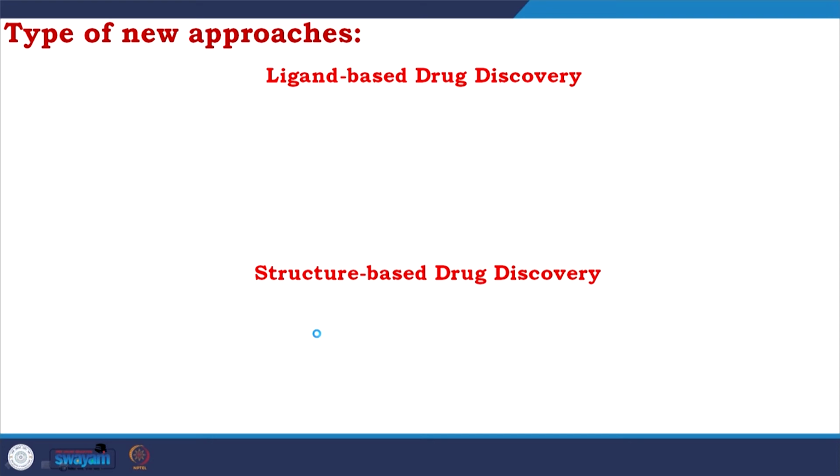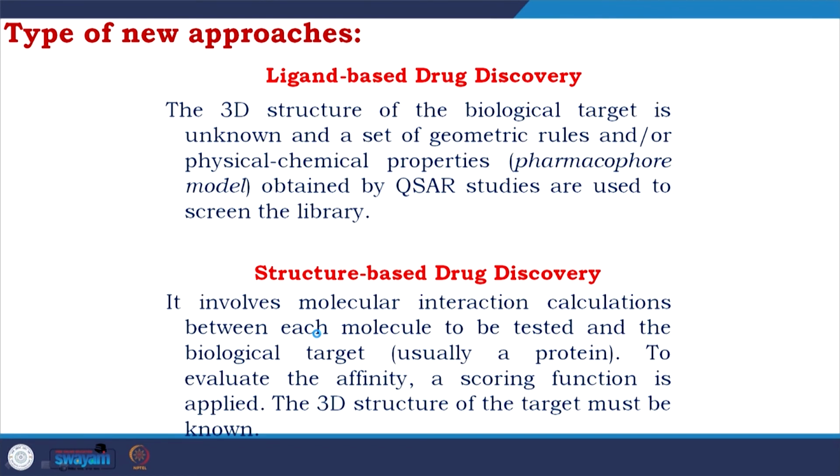So, there are two approaches: one is ligand based drug discovery, another is structure based drug discovery. In ligand based drug discovery, the 3D structure of the biological target, the macromolecule, is unknown, and a set of geometric rules and or physical chemical properties, a pharmacophore model obtained by QSAR, quantitative structure activity relationship studies, are used to screen the library.